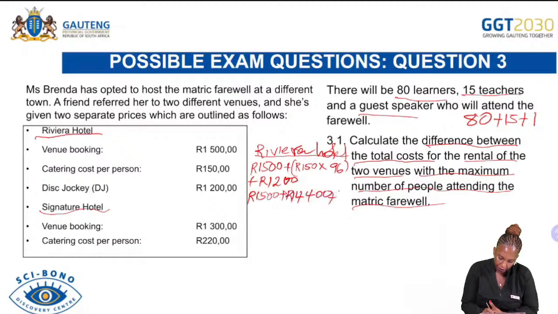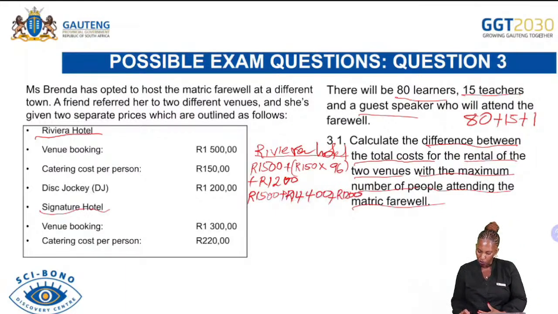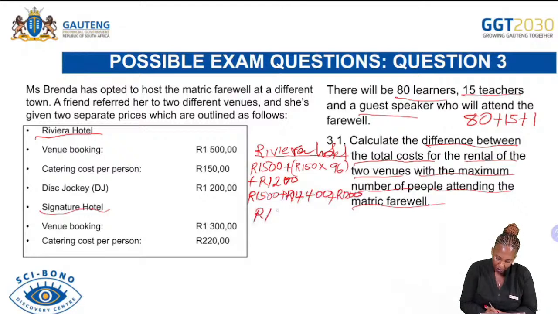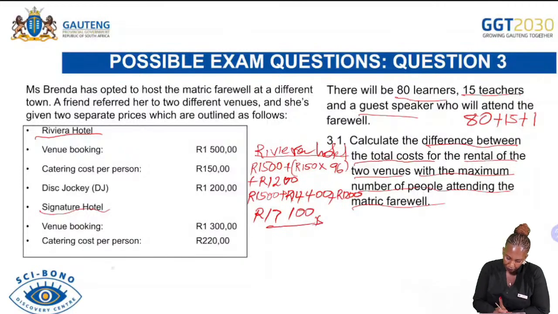Then I also add the 1,200 for the DJ, and then 1,500 for the venue. So the total amount for Riviera, it will be 17,100. And then for the signature hotel, let's go to the signature now.